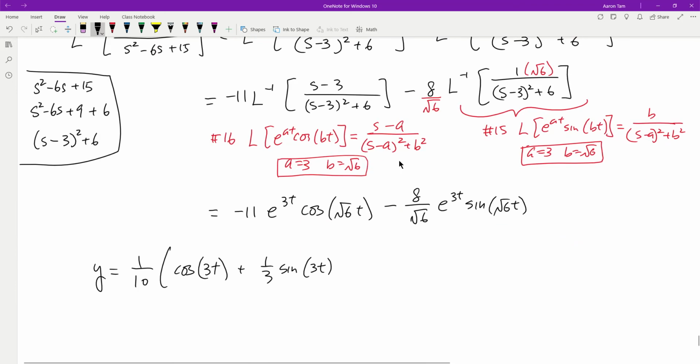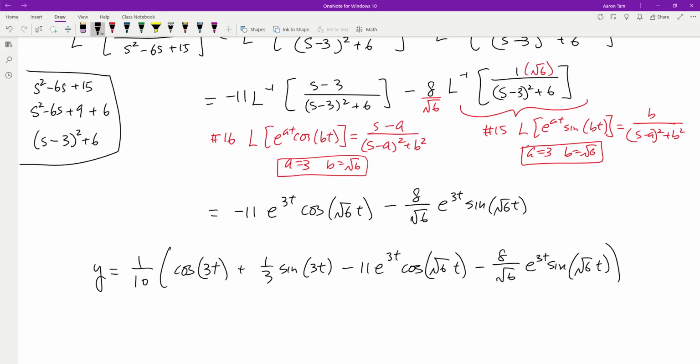And then for the rest of them, the inverse Laplace transform of these two would be minus 11 e to the 3t cosine radical 6t minus 8 over radical 6, which is fine. Don't have to rationalize it.